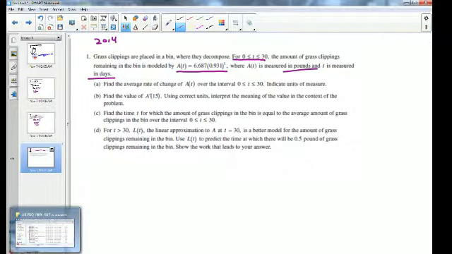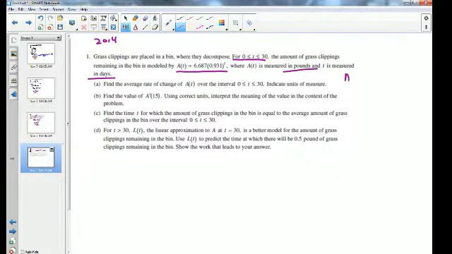What's the average rate of change formula? The y values over the x values. Now, fortunately, you get a calculator for that, and you can do the values and get a number. What are the units?